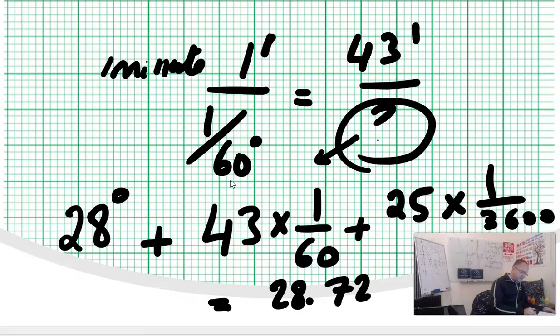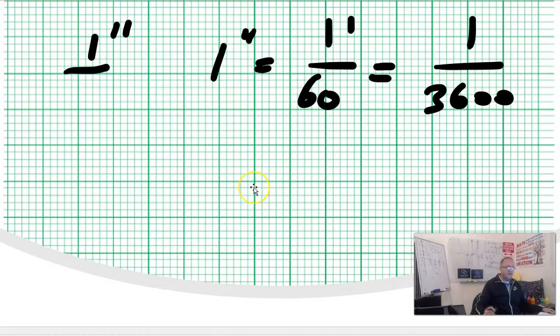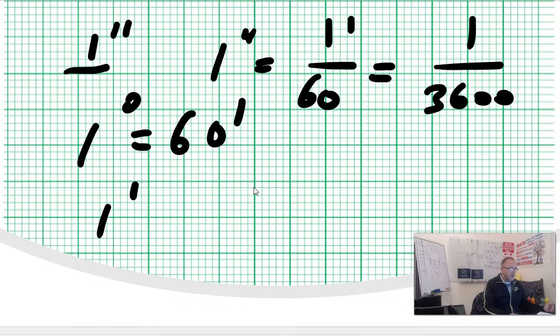Yep, 28.72. But the question is, you told us not to memorize, so why should we memorize, or how do we know that 1 degree is 60 minutes, or 1 minute is 1/60th of a degree?